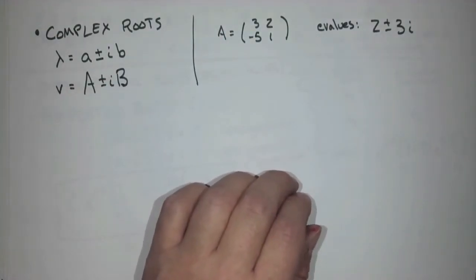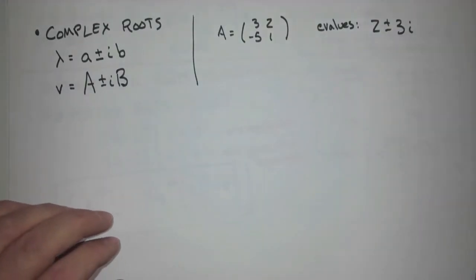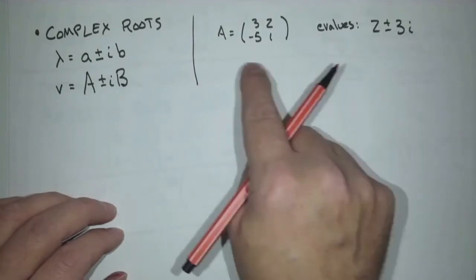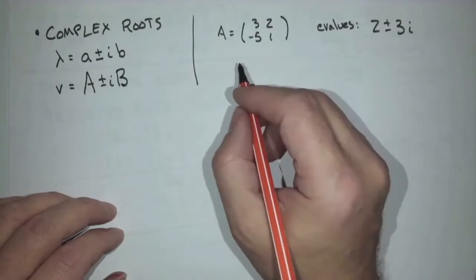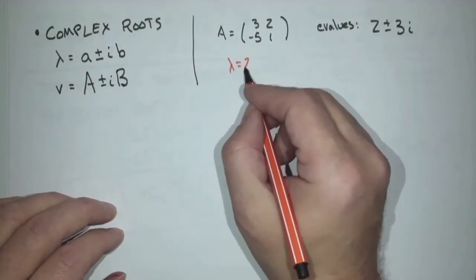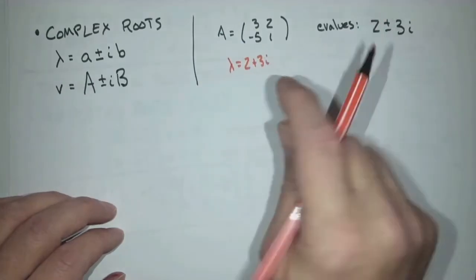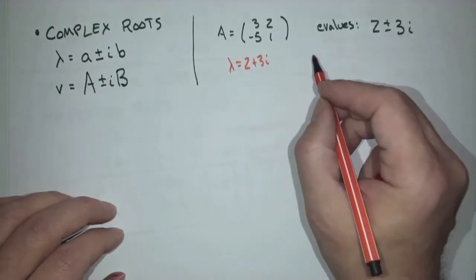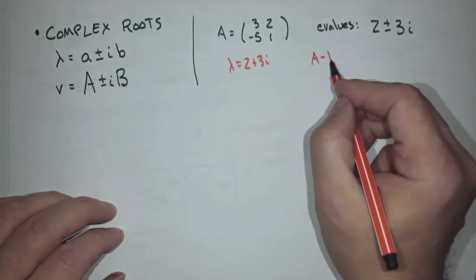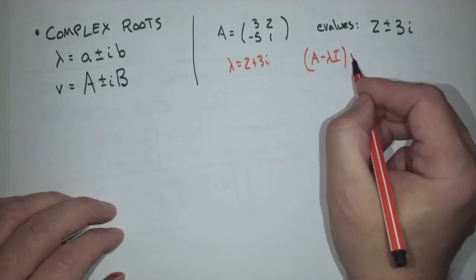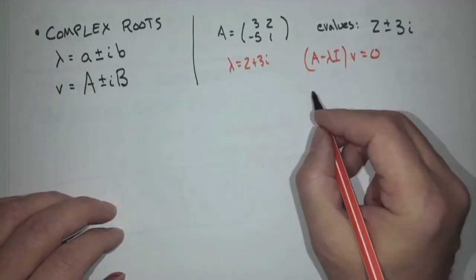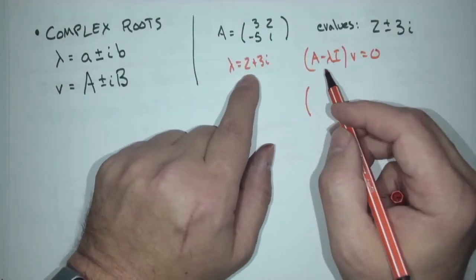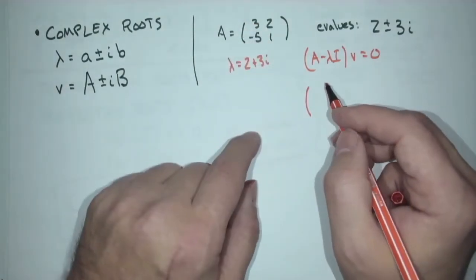All right. Now, the key here to go forward, I really want to emphasize this with an example. So let's just focus on the 2 plus 3i, and I want to grab the eigenvector. So the key is to look at (A minus lambda I) times v equals 0. So just be careful here. Take A minus lambda I. What would be the first entry?